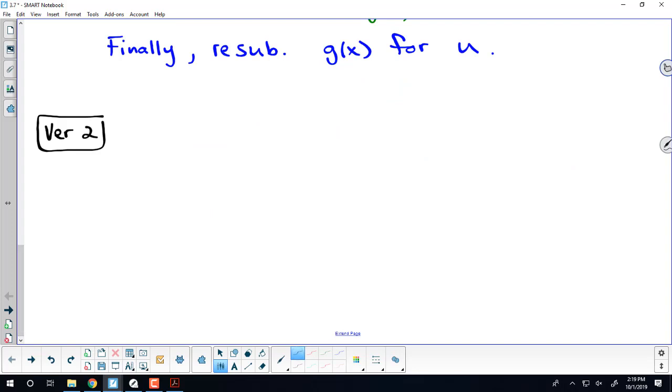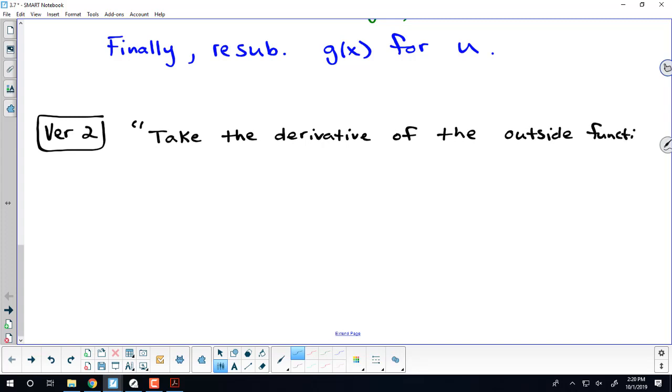Version 2, we'll just write it out in words. What version 2 says is, to take the derivative of a composition, you take the derivative of the outside function, and this is important: when we take the derivative of the outside function, leave the inside alone. So we're going to leave the inner function as is.